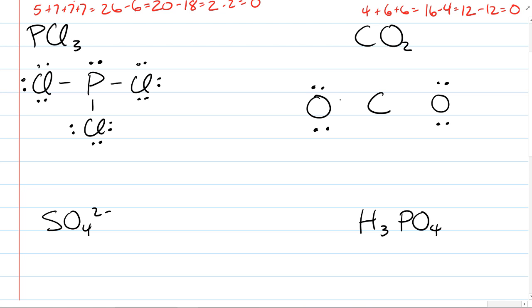If I draw this a little bit more uniformly, remember each line represents how many electrons? 2. So if it would help, you could think of the ones that came from the carbon as being on this end, and then the ones from the oxygen being here on the other ends. Okay, so you can kind of think of them like this.